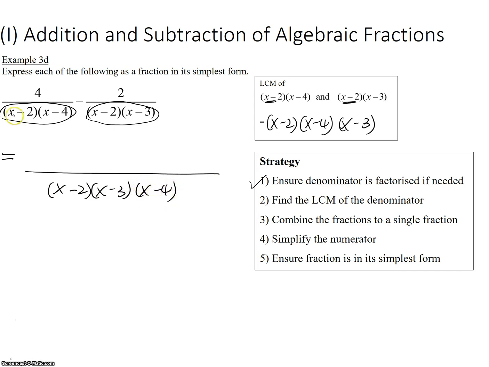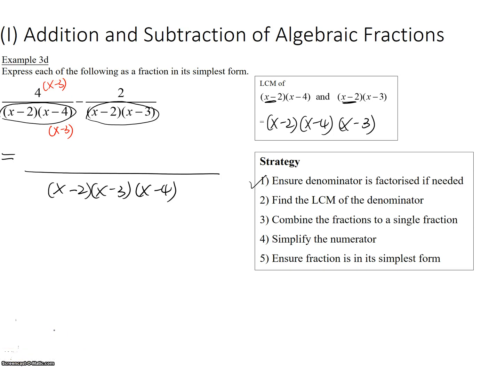In your first fraction, you must notice that you are missing an x minus 3, right? Compare the denominator with this denominator. You are missing an x minus 3, so you must multiply x minus 3 to both the numerator and the denominator.